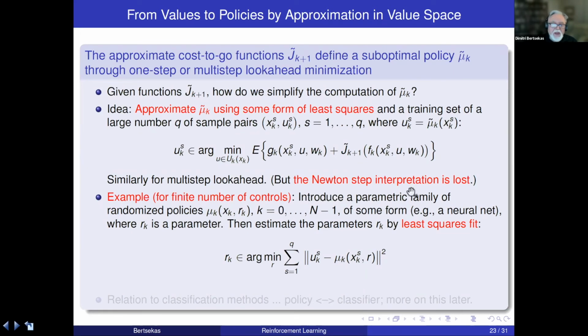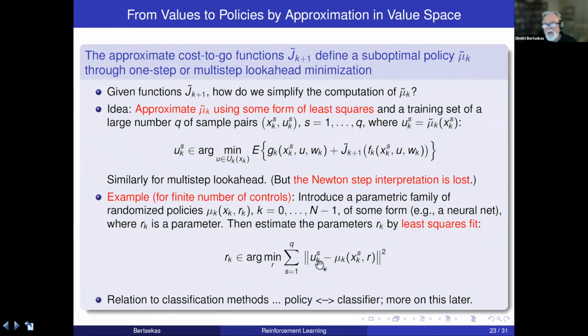As an example, suppose you have these data pairs, you use a machine learning type of algorithm. We introduce a parametric family of policies, for example, through a neural network with r^k being the parameters, and then we estimate the parameters by fitting the data that you have with the result of the parametric policy. So we find the parameter r^k that makes a good fit between data and functional form of policy.